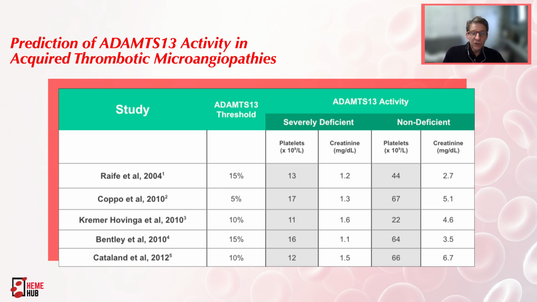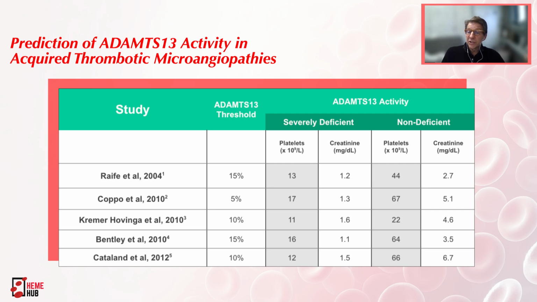So the first thing I'll do with our trainees and myself in my mind is look at the platelet count. If you look at these historical data from everybody and the patients who were eventually found to have severely deficient ADAMTS13 activity, these are very divergent groups. You're not seeing things at 10, 12, 17%. So whatever threshold you're using, it doesn't really matter. But in the patients that were found to be severely deficient, they had clearly lower platelet counts and lesser degrees of renal injury.